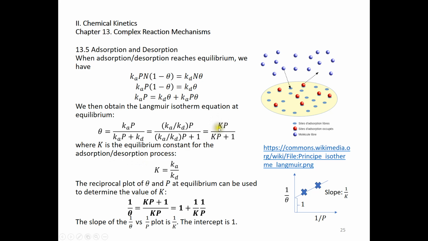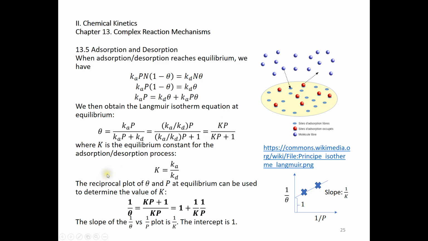This uppercase K is the equilibrium constant, the forward rate constant over the reverse rate constant, so in this case it's k sub A over k sub D. Now the expression of theta is really simple. It's KP over KP plus 1. You can see KP on top, KP plus 1 on the bottom, and therefore this has to be less than 1, unless K is 0 or P is 0.